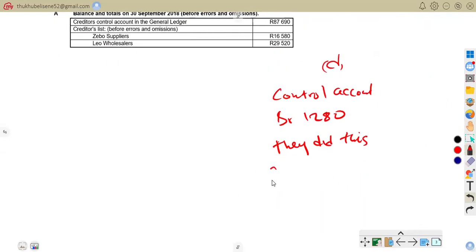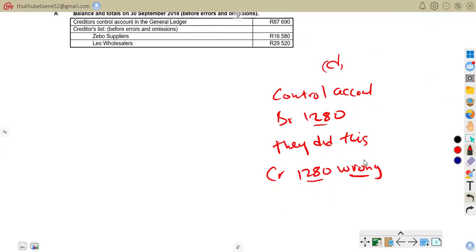They created 1,280, which is wrong. That's what they did. Instead of debiting 1,200, they created 1,208. That is where the error occurred.